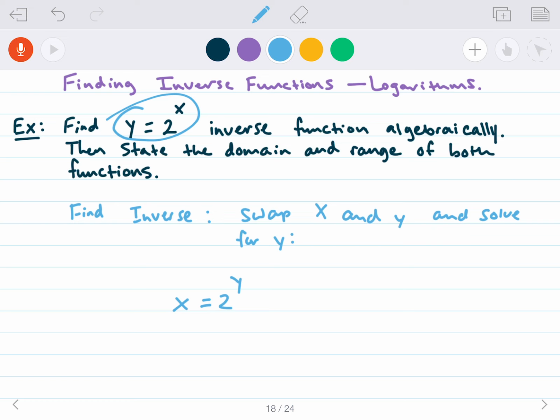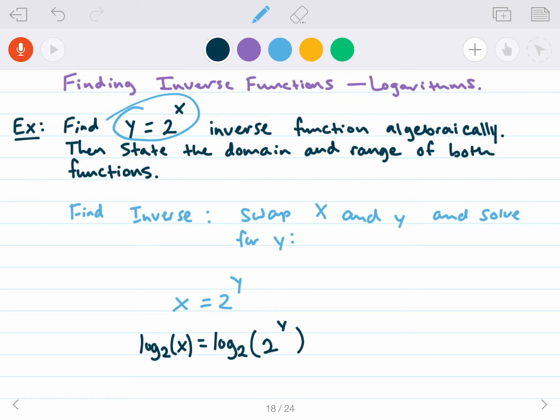Now, how do I figure out what y is? Well, one natural way to do this is to take the log base 2 of both sides to cancel out the base 2. Remember, that was our inverse property of logs and exponents that we talked about last week. Or maybe it was the week before, I can't remember. But anyway, we're going to take the log base 2 of both sides. Now, could you take the ln of both sides and still get a valid answer? Yes, you would.